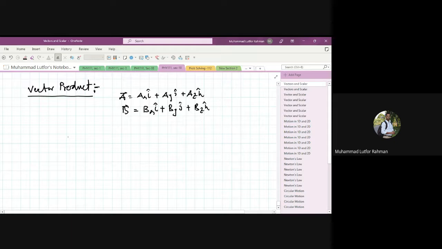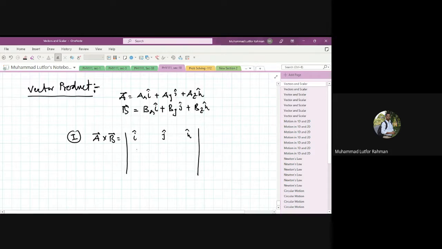Now this cross product, or vector product, we can find using two methods. The first method we are familiar with is the determinant method, where we represent the coefficients of the vectors.